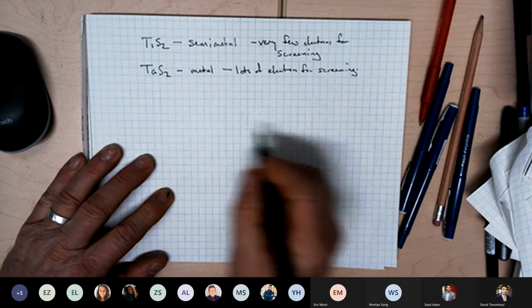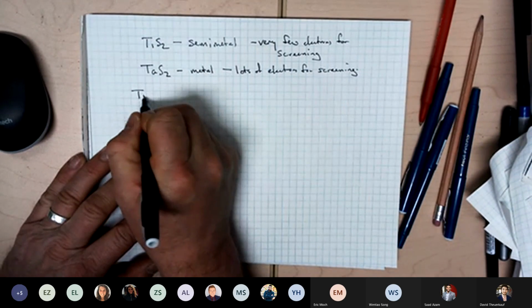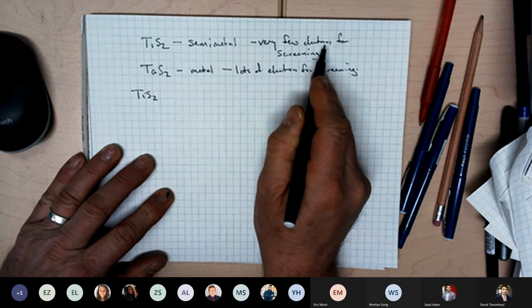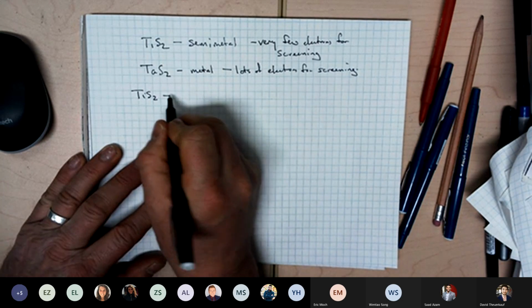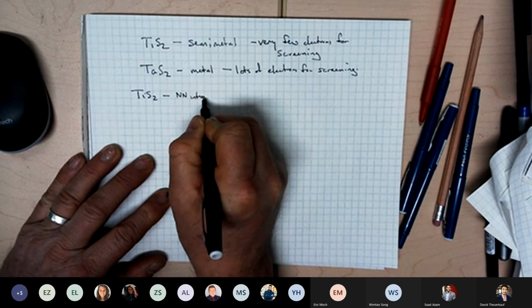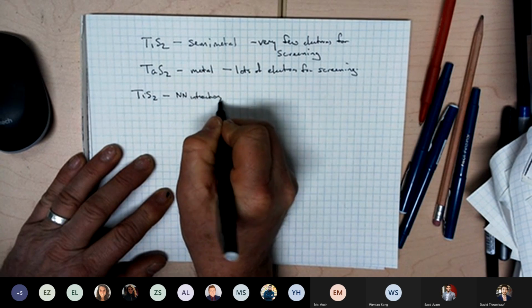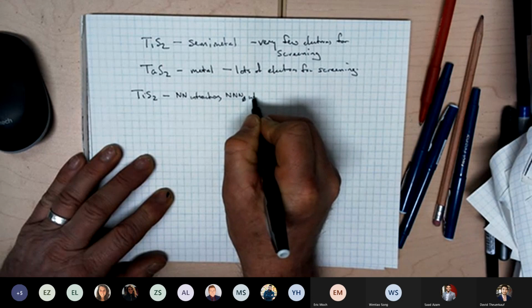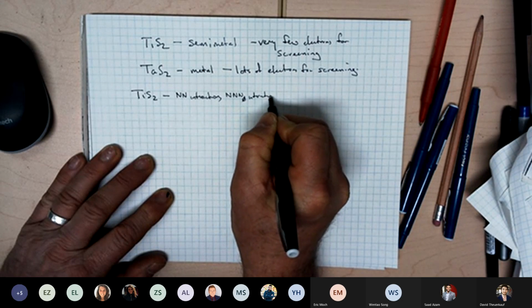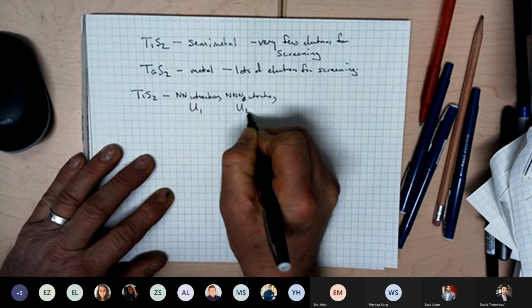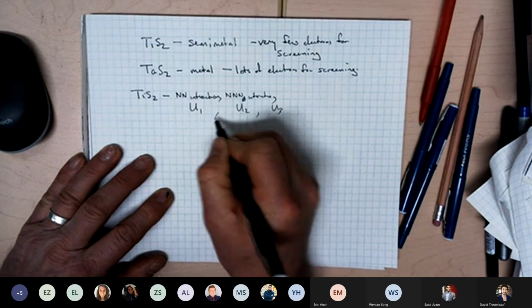So what does this mean? It means in TiS2, there's very poor screening. So it means the near neighbor interaction, the next near neighbor interaction, and so on. I should call these U1, U2, U3.